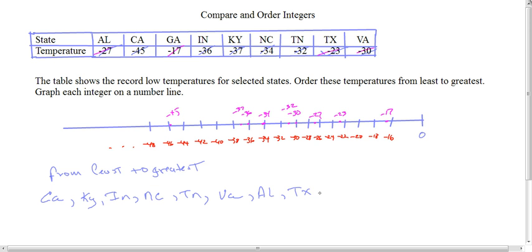And last but not least, Georgia. So we actually have them on the number line according to actual integer values, but we went a step further and put them in order by the name of the state. So we have from least to greatest: California, Kentucky, Indiana, North Carolina, Tennessee, Virginia, Alabama, Texas, and Georgia.